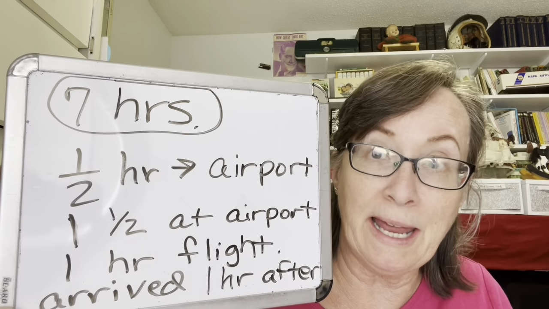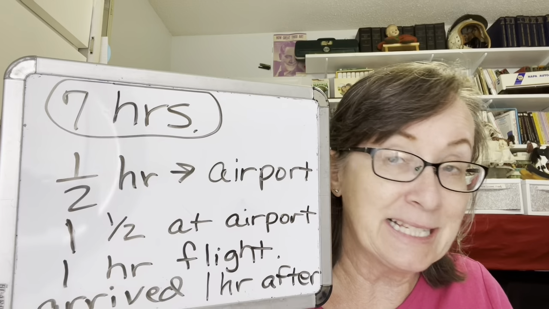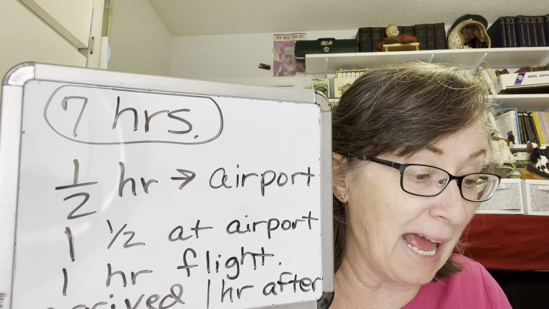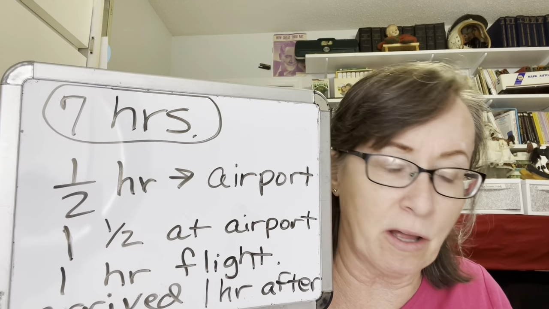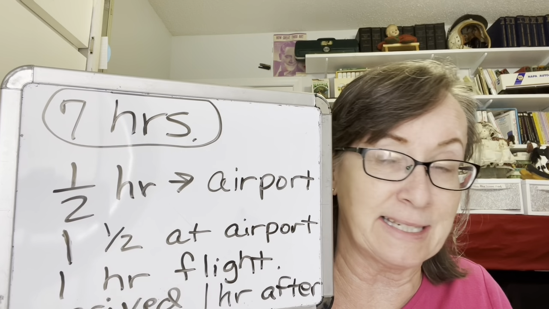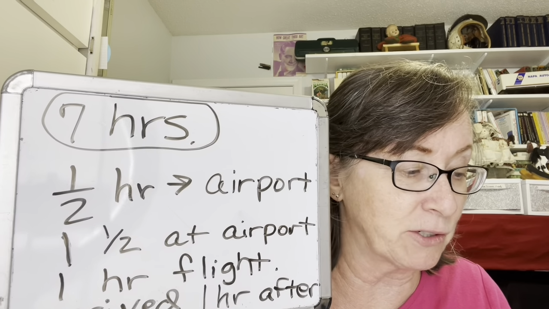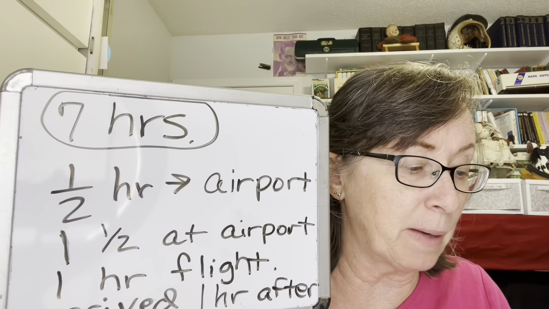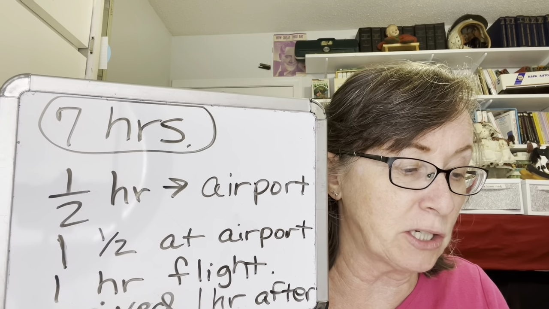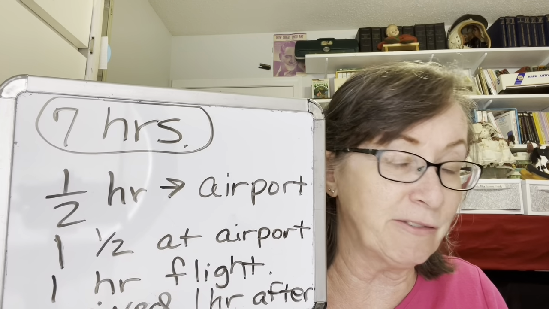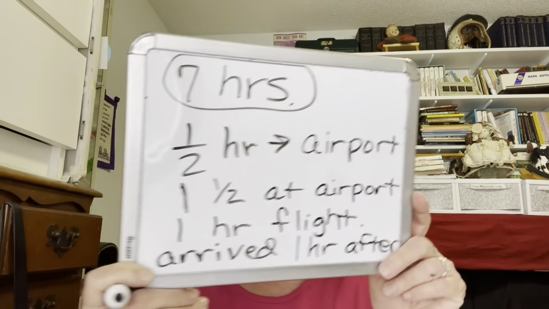He drove 1/2 hour to the airport, spent 1.5 hours at the airport, had an hour-long flight, and arrived at his destination 1 hour after landing. Considering Bob's total travel time, how much time did it save Bob to fly rather than drive?